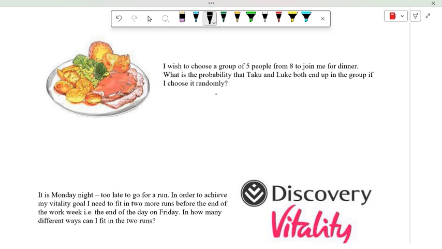Okay. Now, here we're going to use a very basic probability idea, and that's that the probability of something happening is the number of ways it can happen divided by the number of things that can happen altogether. All right.